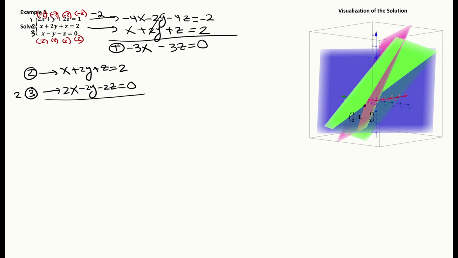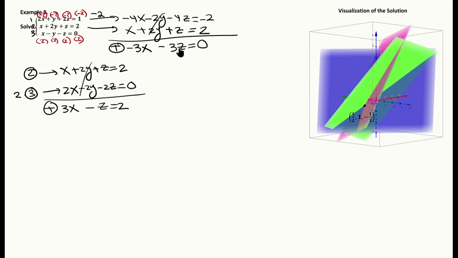We're going to go ahead and add the two equations, and we end up with 3x, these cancel out, minus z equals 2.